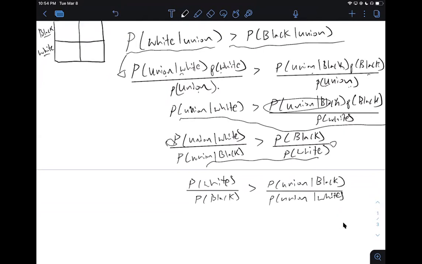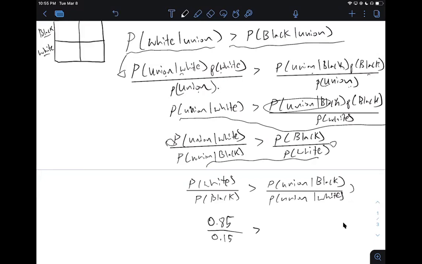So what does this tell us? All this tells us is that if it's true that you're more likely to be white given that you're a union member than that you're black, then this ratio here, the ratio of white to black Americans in the population, assuming just for convenience no other races, is something like this. But notice that that's completely consistent with this ratio here being very large.